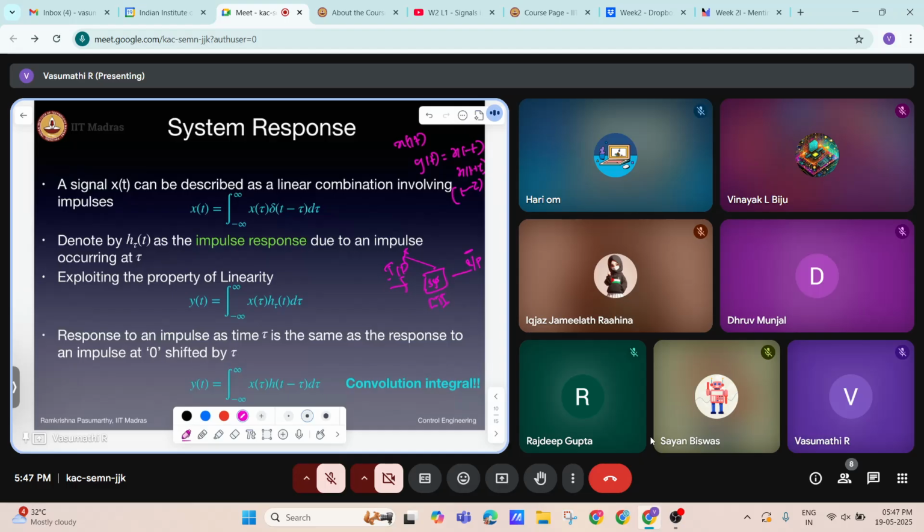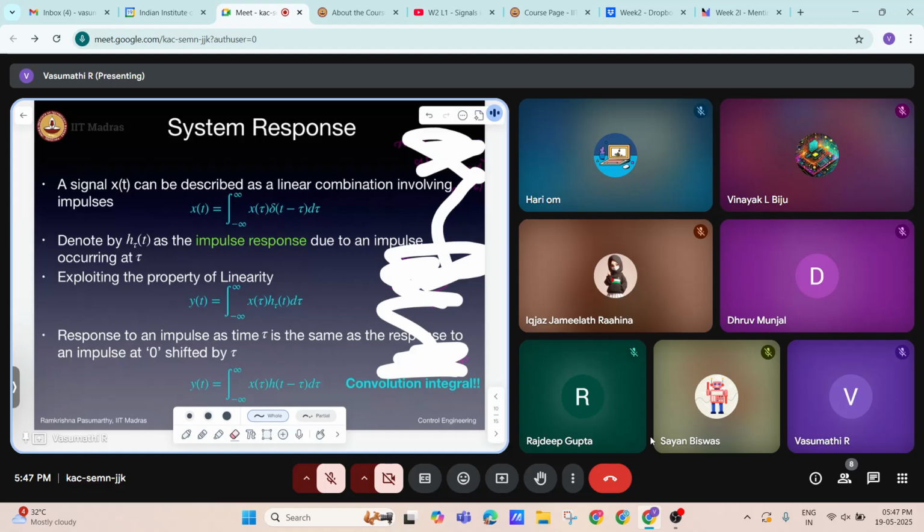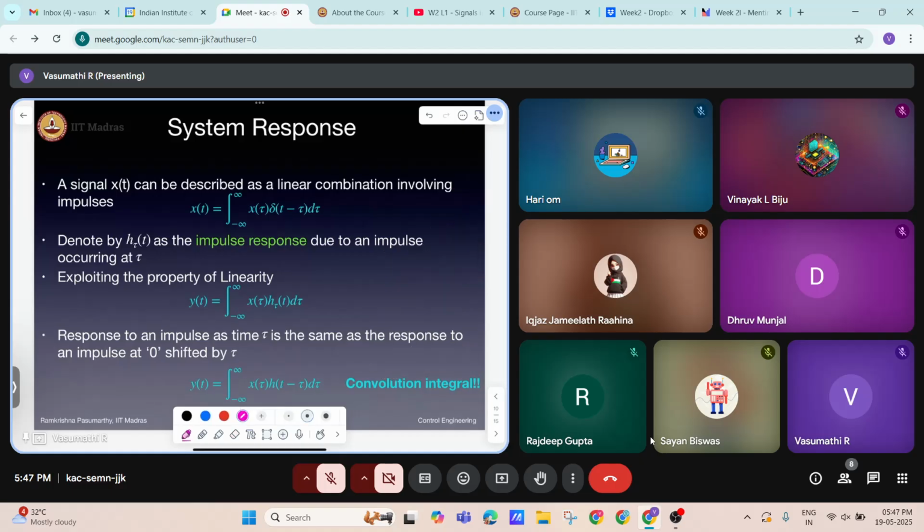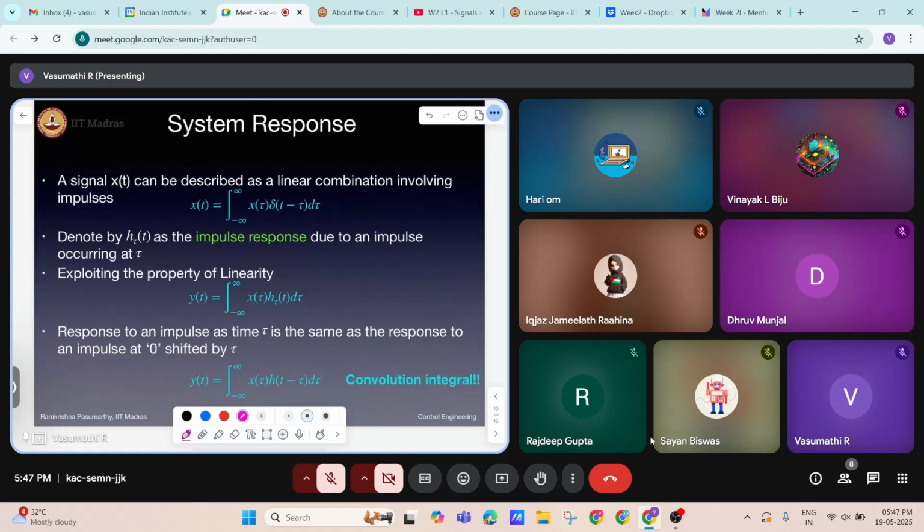If you have some output and you give some input, and you have the knowledge of these two, if it is an LTI system, you would be able to find what the system looks like. So this is how effective the convolution is. Based on this convolution property, you would say how the system looks like.